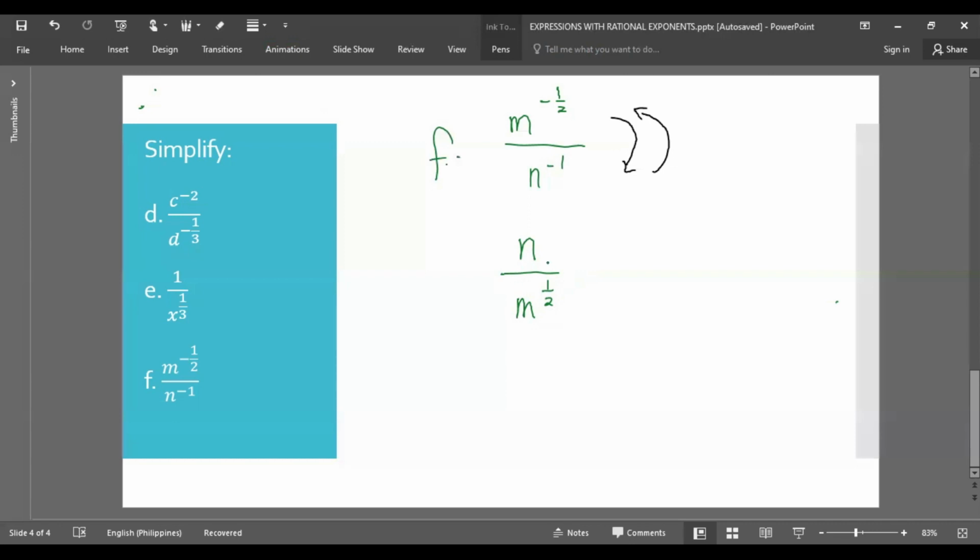So halos parehas lang siya nung letter E. We have to get rid of this fractional exponent in the denominator. So get the fractional exponent, which is 1/2. Then think of a fraction when added to that fractional exponent, it would result to 1. So binigay ko pa lang yung clue kanina, pareha sila ng denominator dapat.